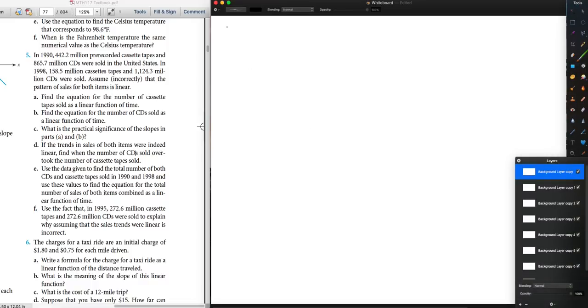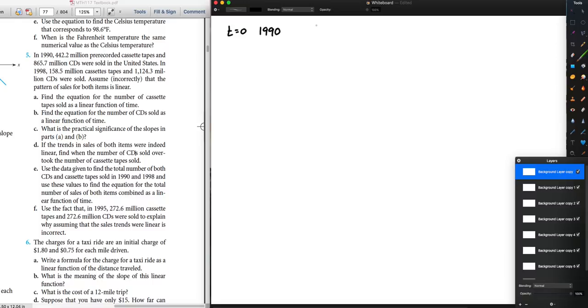Okay, so we're starting off just like usual with t equals 0, corresponding to 1990. And then we're going to have 2 different data points here.